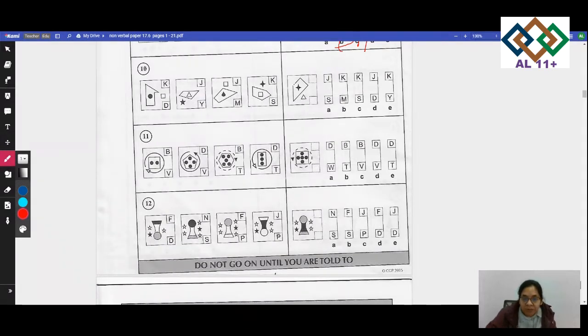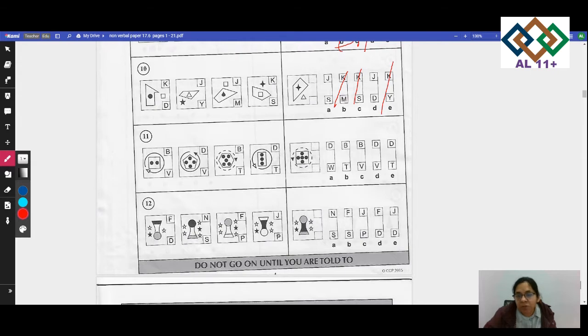If you count the sides, it's 1, 2, 3, 4. And this one also has 1, 2, 3, 4. So I know that my first one would be a J. Just cancel all the K's in this.